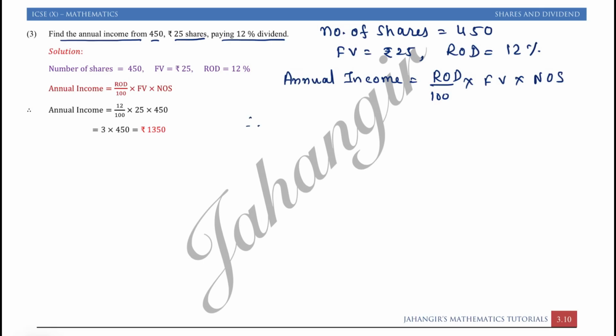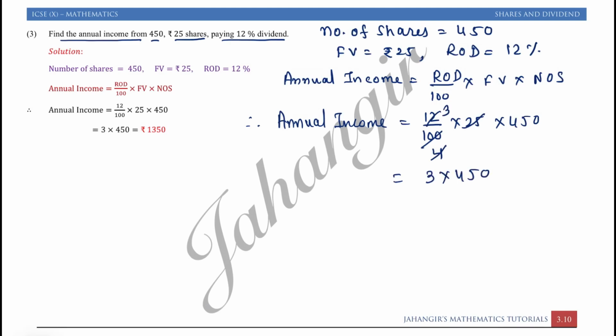So therefore annual income is equal to ROD is 12% upon 100 into face value is 25 into 450 shares. 25 ones are 25, 4s are 4, 1s are 4, 3s are. So that is 3 into 450, that is equal to rupees 1350.